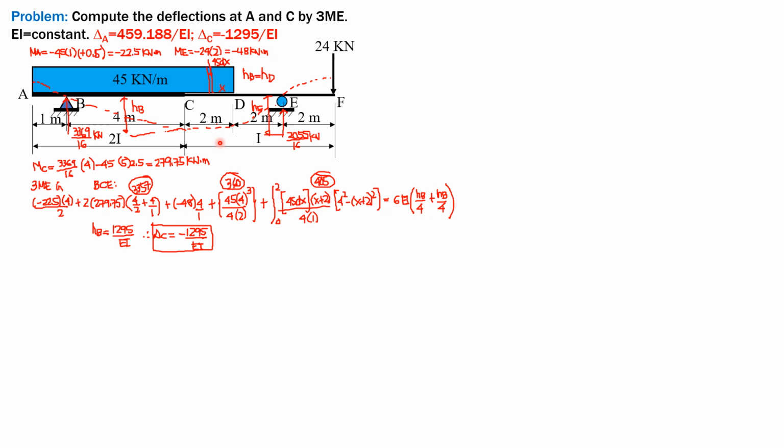Because we want to first compute the deflection at C, we consider B, C, E. The moment at B is negative 45 times 1 times 0.5, so it is negative 22.5 kilonewton meter. The moment at E is negative 24 times 2.